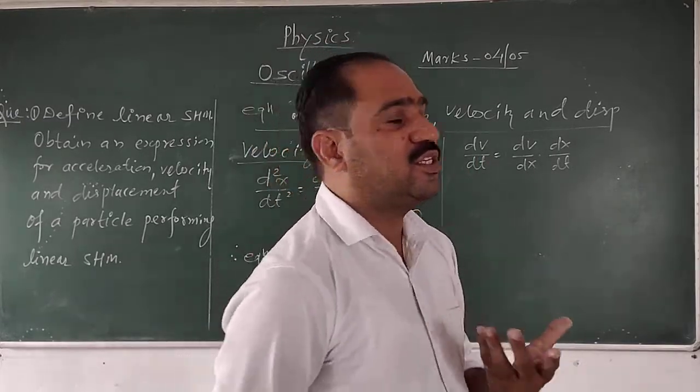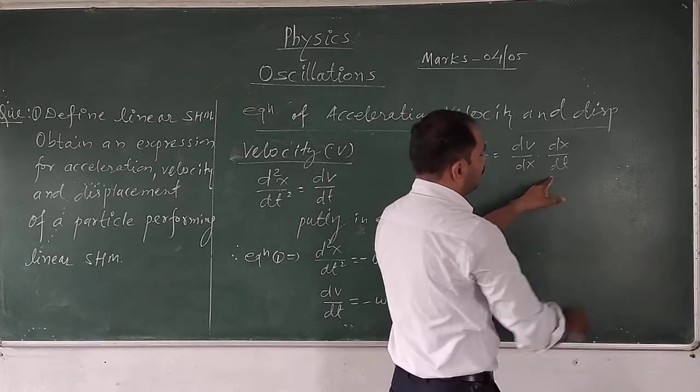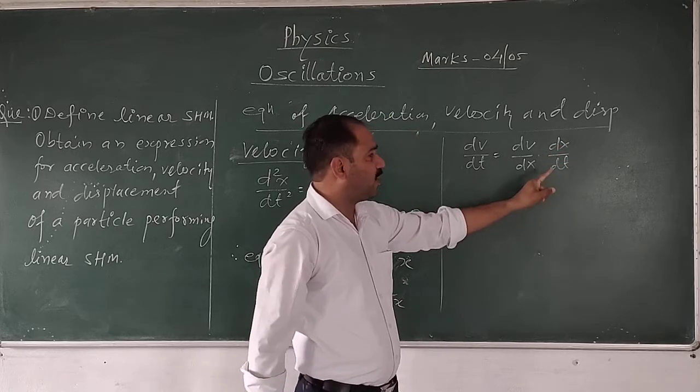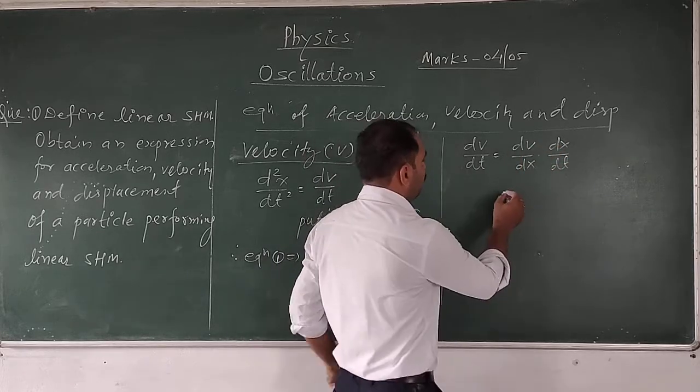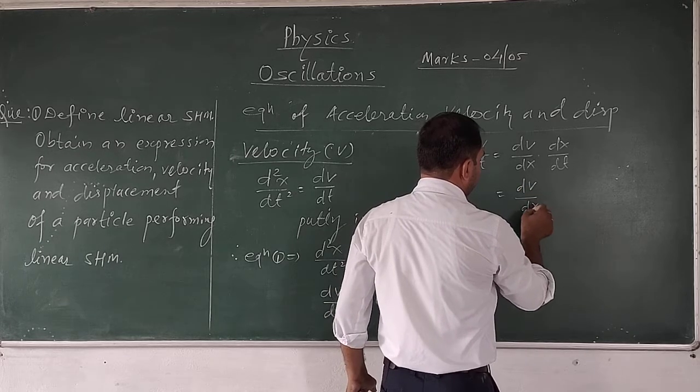Therefore, there is no change in the original equation. But here dx upon dt is equal to what? Dx upon dt, the rate of change of displacement with respect to time, is nothing but the velocity. So we write here dv upon dx into v.